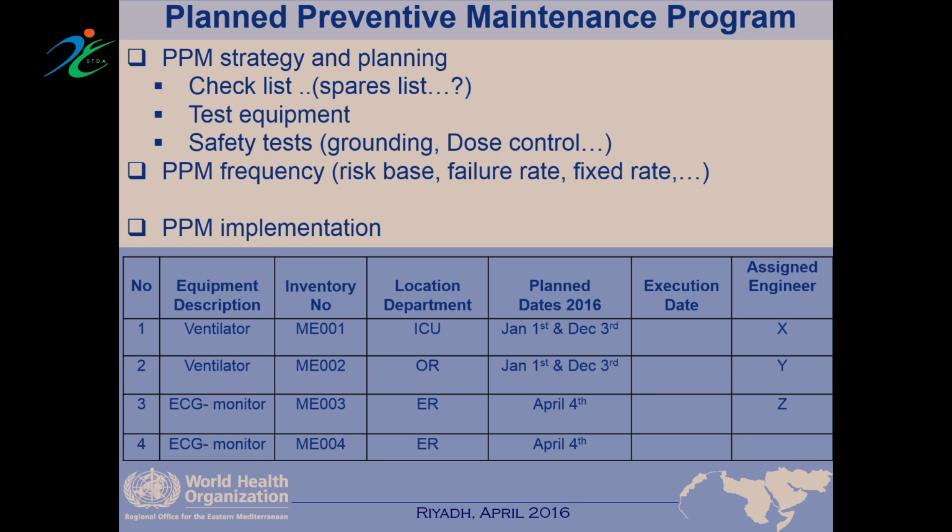Let's say for the ventilators, this requires to be inspected twice a year. So you put in place such a system to ensure that this piece of equipment is inspected twice a year, and there's a particular protocol for that available, and you assign an engineer to do that work.